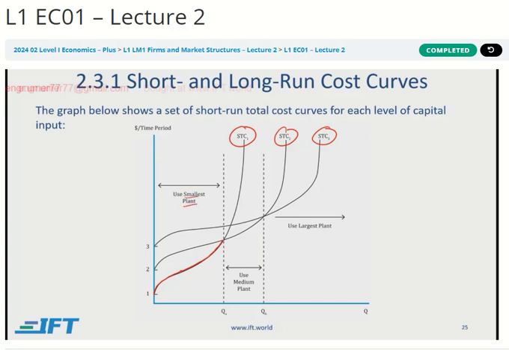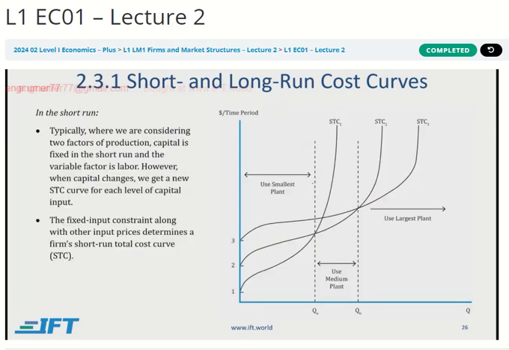So initially, let's say you're having a bakery from your house, you're using your house oven, and your cost is going up because obviously it's breaking down all the time, it's not made for rugged use. So what you do is you invest in an industrial grade baking oven, and then your cost doesn't go up that much, but then it starts shooting up again, but you don't allow that, and you invest in an even bigger plant, and then your short term total cost is under control again.